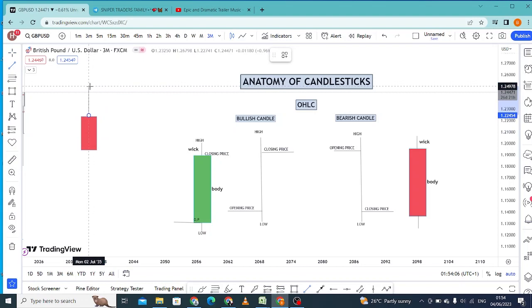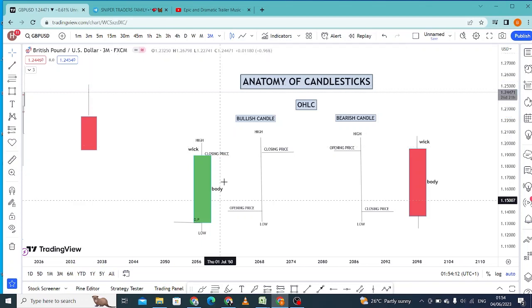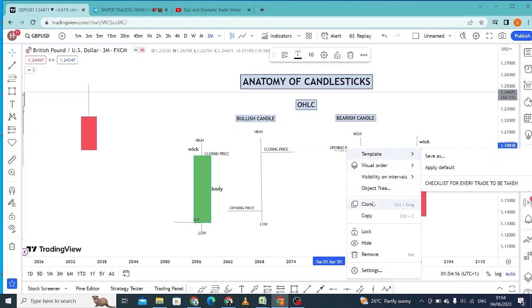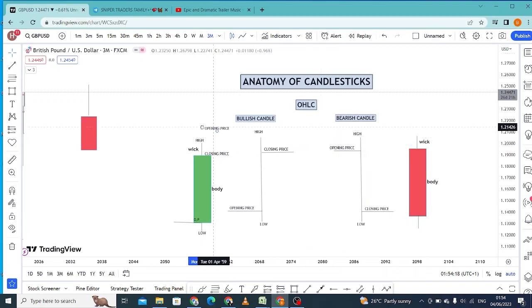Now it's said that this kind of candle has an opening price here, then manipulates to create the high of the candle.